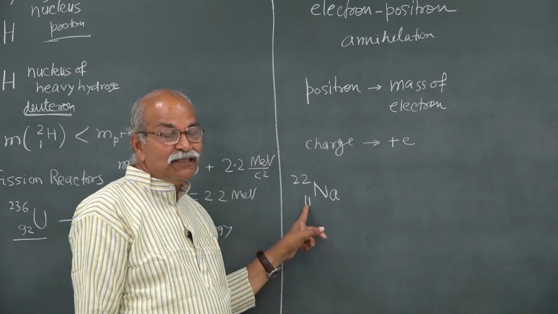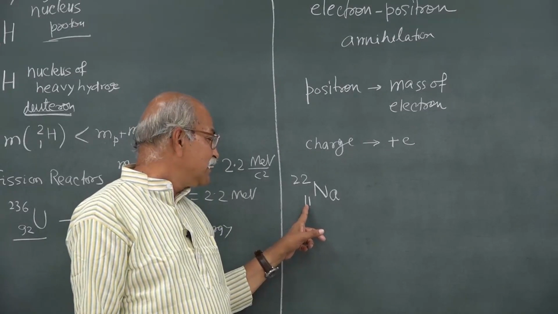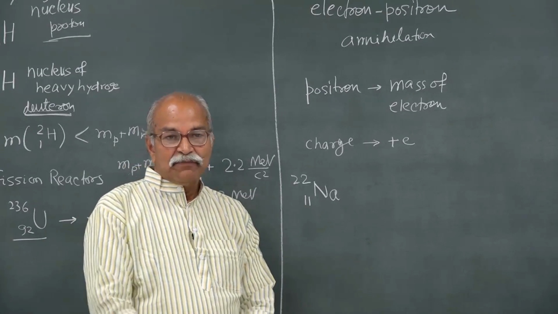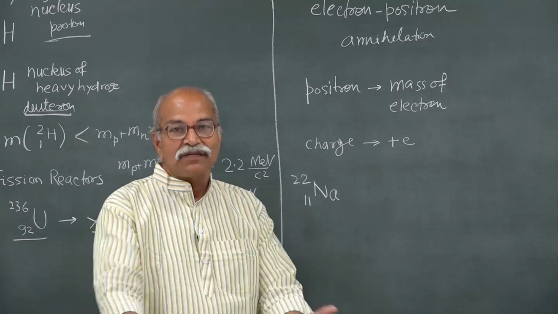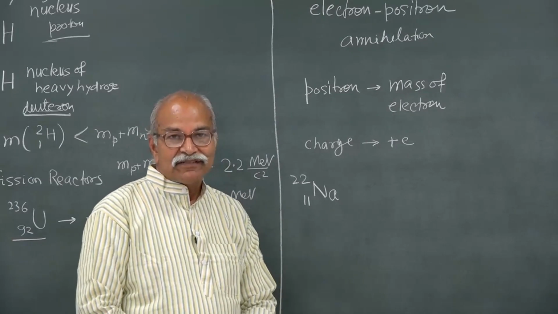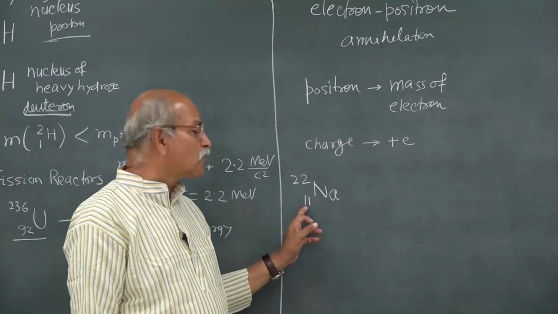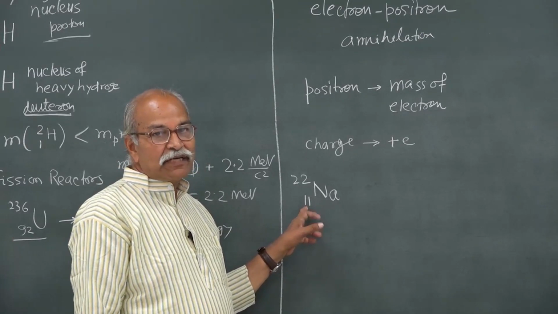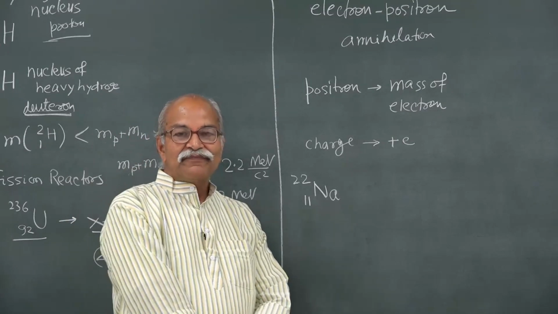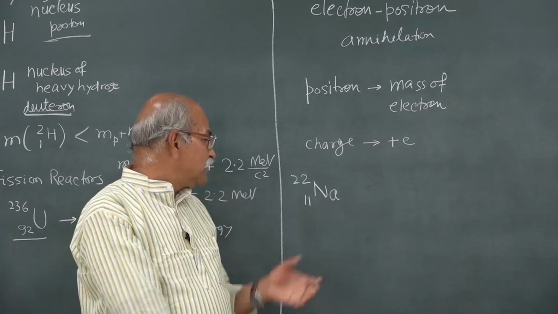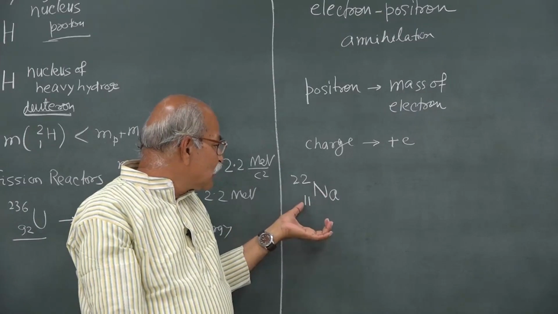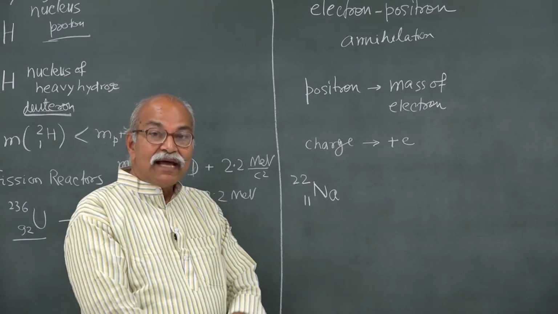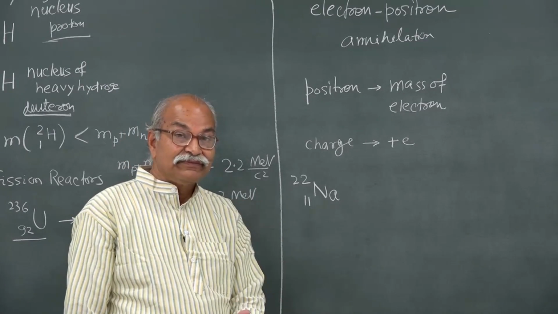So, the number of protons in the nucleus of a sodium atom is 11, and generally the sodium available to us, for example in sodium chloride, our common salt which we use in the kitchen, will have 12 neutrons together with 11 protons in the nucleus. But if you take out one neutron and start with this sodium 22, that decays.